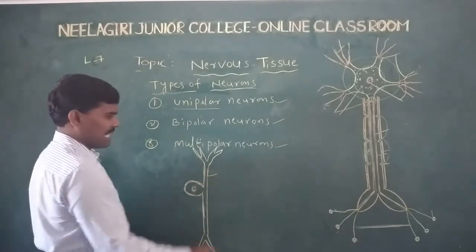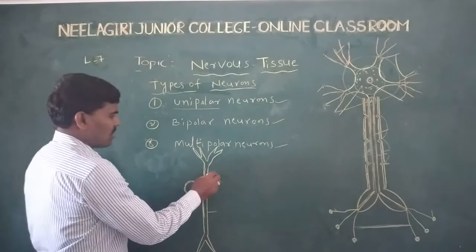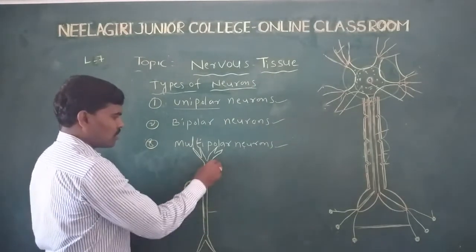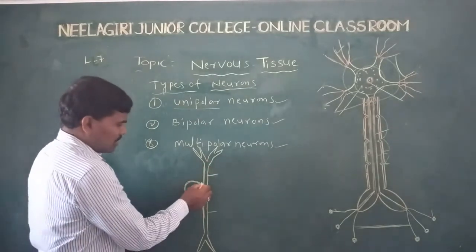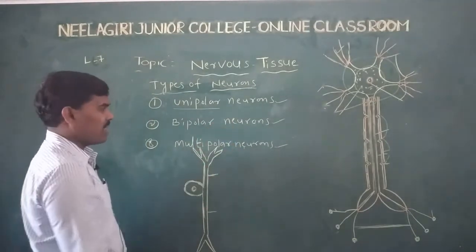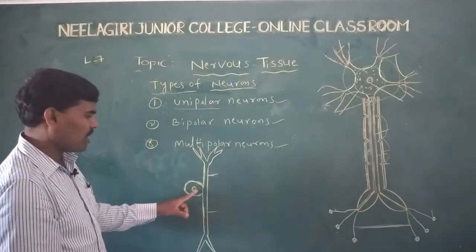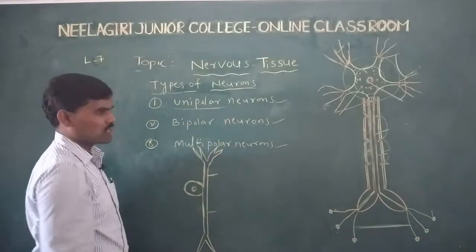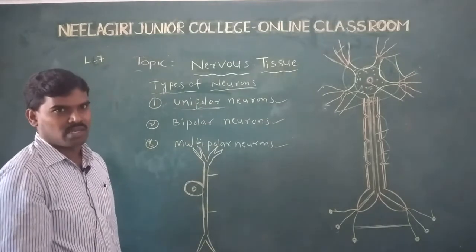One branch acts as the dendrite and the other as the axon-like structure. But it is only a single axon arising from the cell body or soma. Unipolar neurons have another name, pseudopolar neurons.